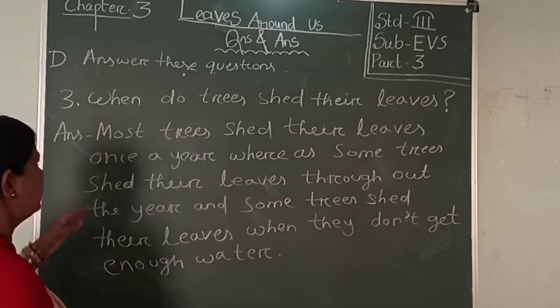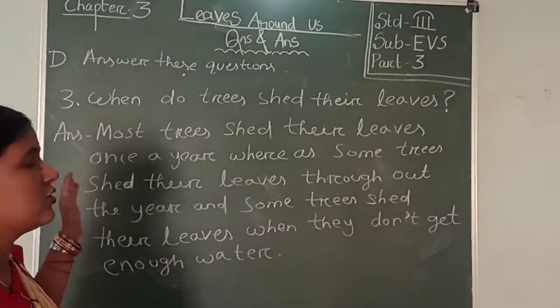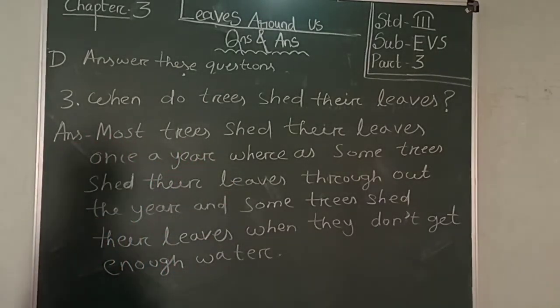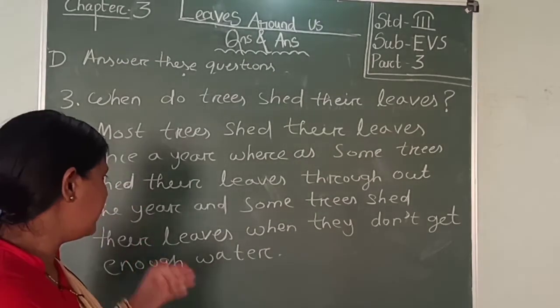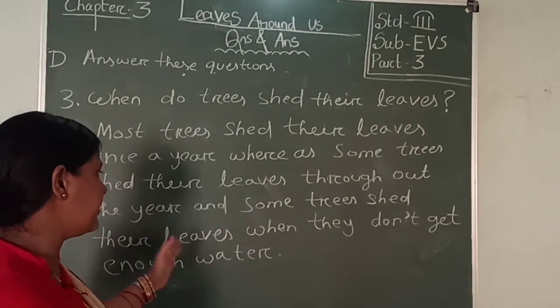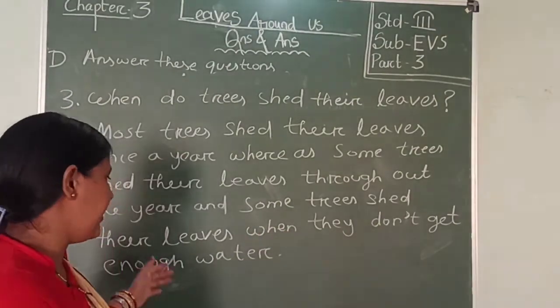Okay. When do trees shed their leaves? Most trees shed their leaves once a year, whereas some trees shed their leaves throughout the year, and some trees shed their leaves when they do not get enough water.